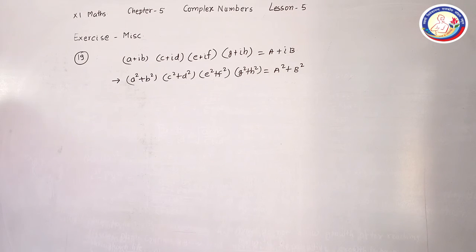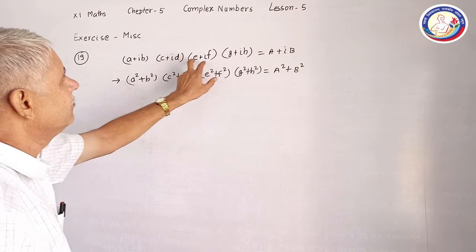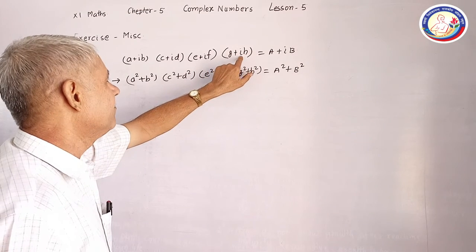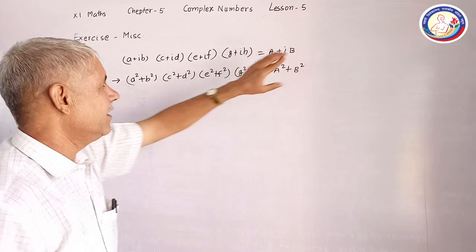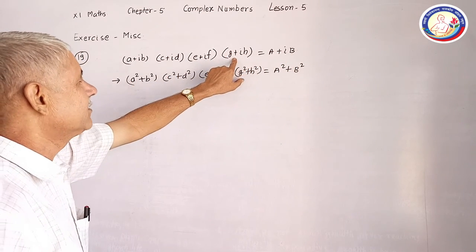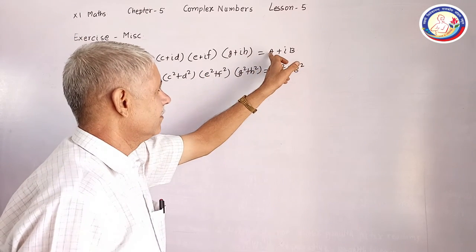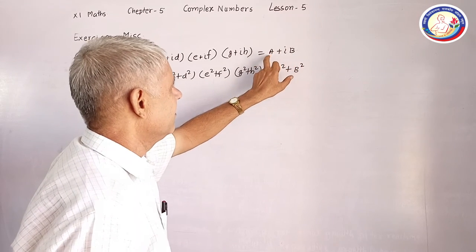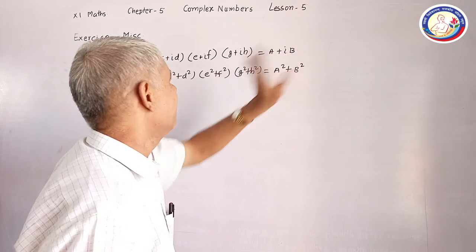We will proceed in the same way. Conjugate of this, conjugate of this, conjugate of this, and conjugate of this. The multiplication of four complex numbers is equal to this number. Then we multiply conjugates of these four numbers respectively with the numbers, and on the right hand side we have to multiply A plus iota B with its conjugate.